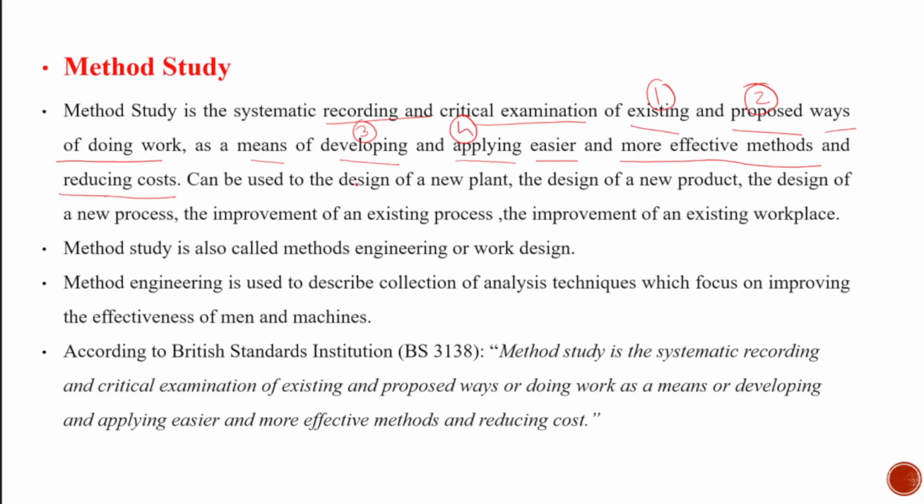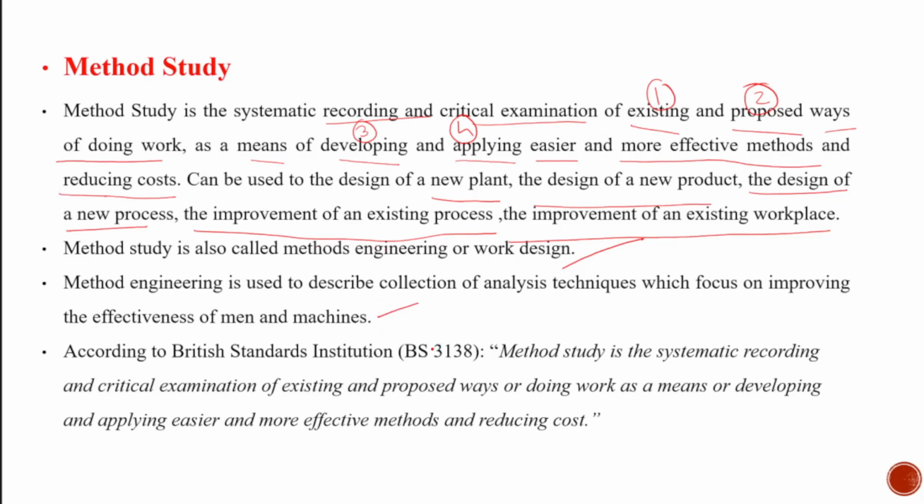Okay. This can be used to design a new plant, design of a new product, design of a new process, the improvement of the existing process, and the improvement of the existing workplace. So, method study is also called method engineering or work design. Method engineering is used to describe the collection of analysis techniques which focus on improving the effectiveness of man and machine.